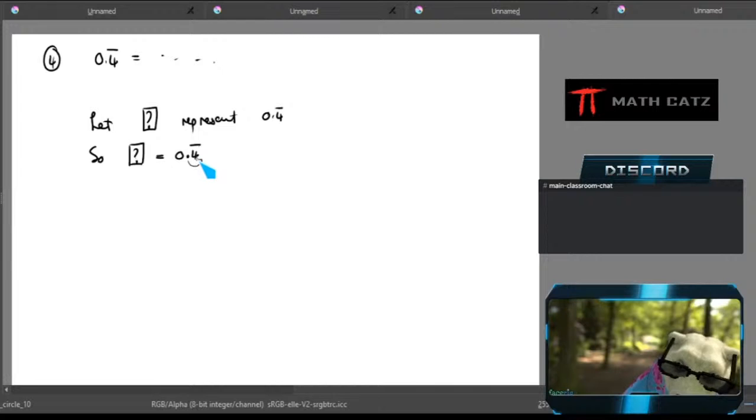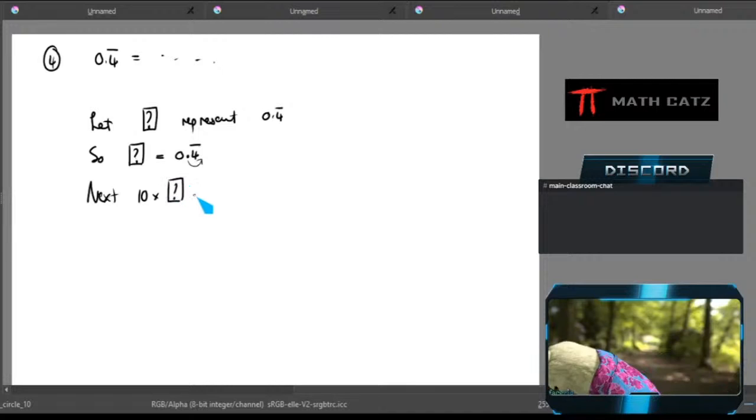And because 4 is the only thing that repeats, I'm going to multiply by 10. So let's say here next, 10 times question mark in a box. I need to multiply 10 on both sides so that the balance scale is still level.